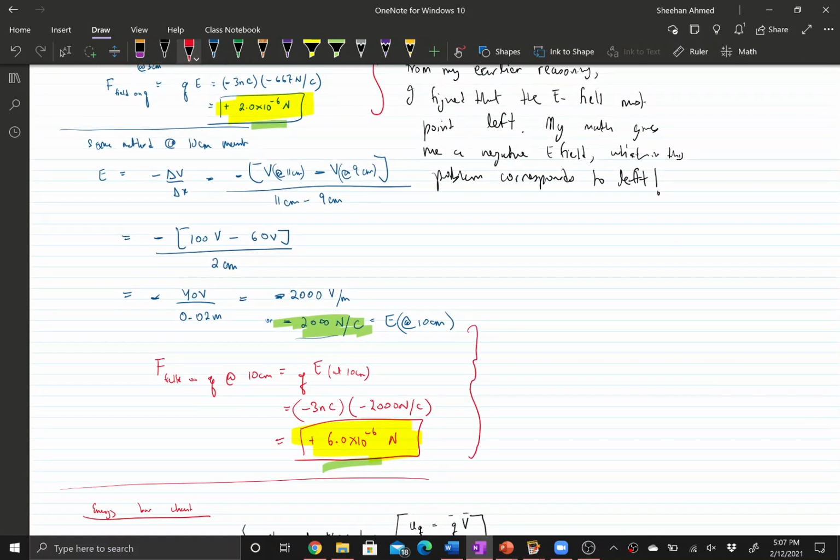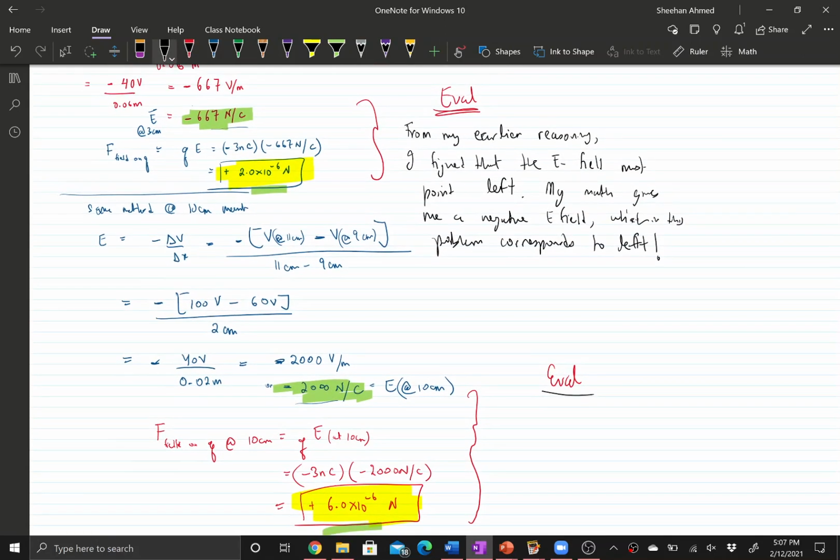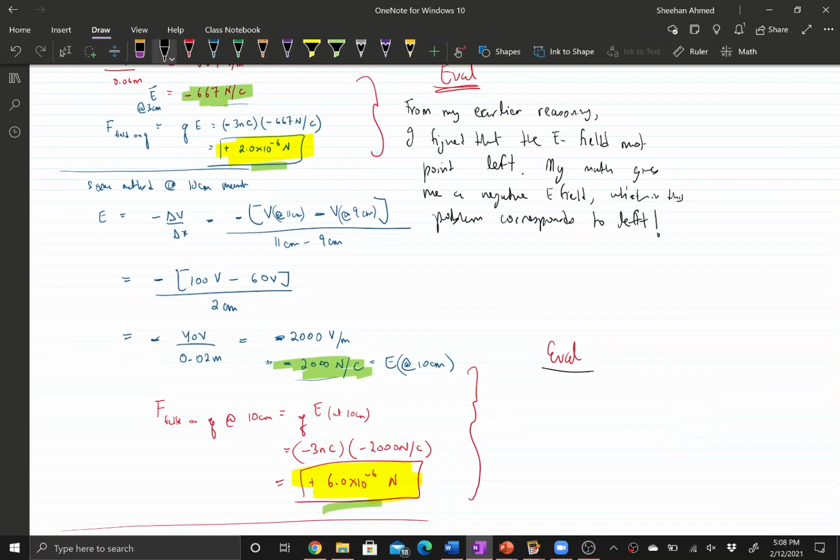Let's do this one, eval. Well, there's no point making the same argument for this. What I can do is compare the two magnitudes. In this case, the particle is in a region where the potential changes quicker with delta x.